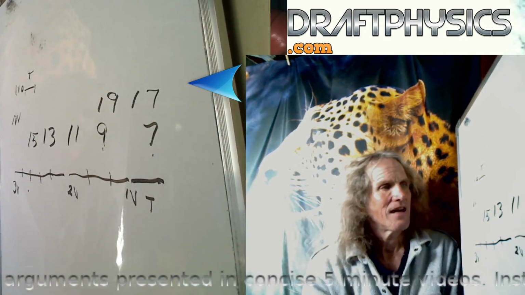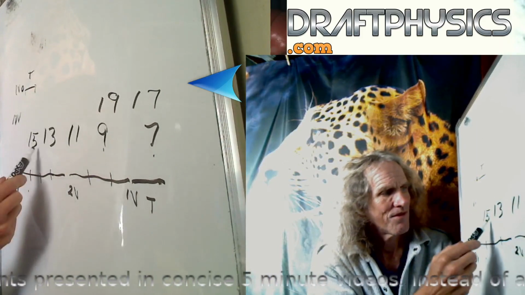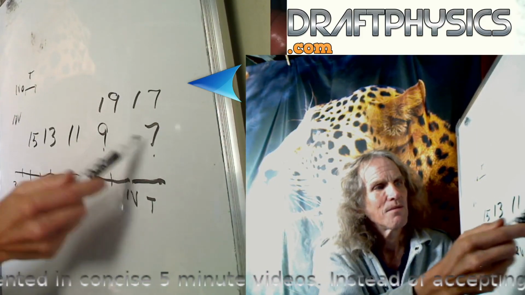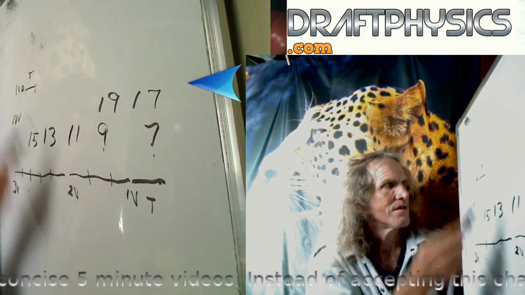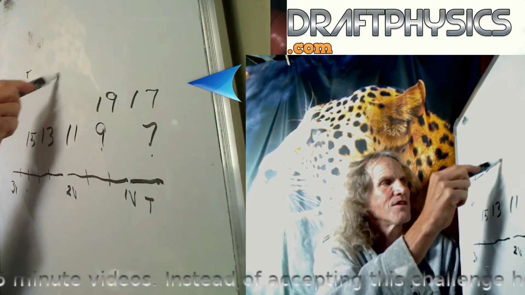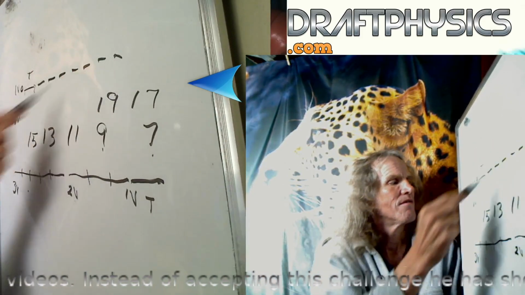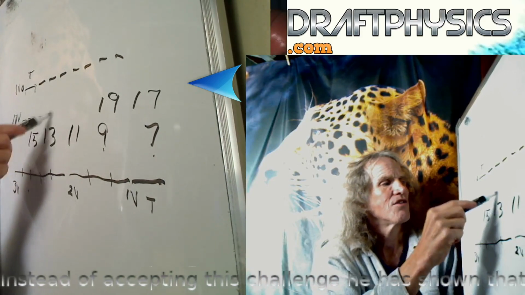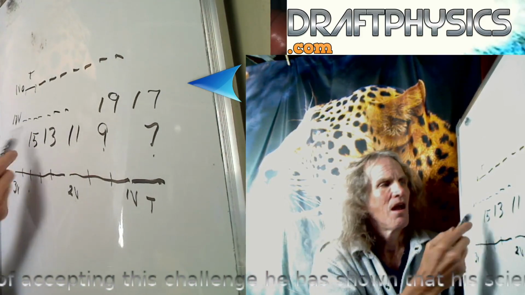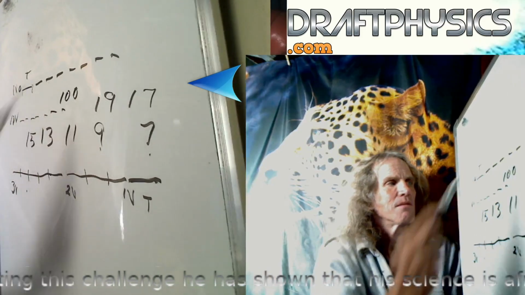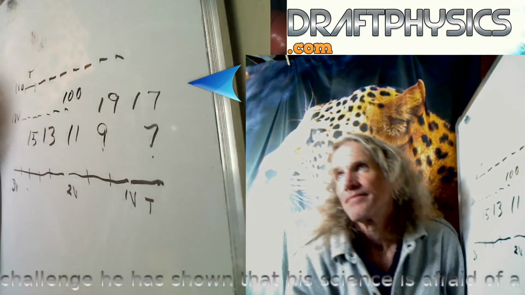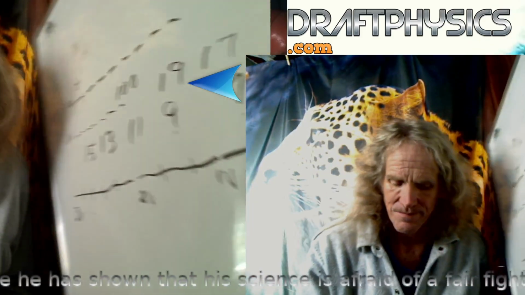So that's what you have to add up: 19 plus 17 plus 15 plus 13 plus 11 plus 9 plus... So it's 100 units of distance for the 10v. It goes 100 times as far, not 10 times as far. So that's where you made your mistake.